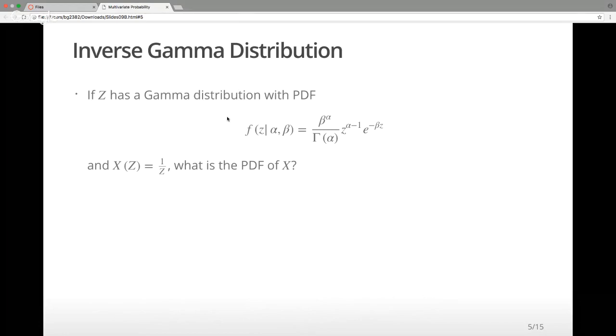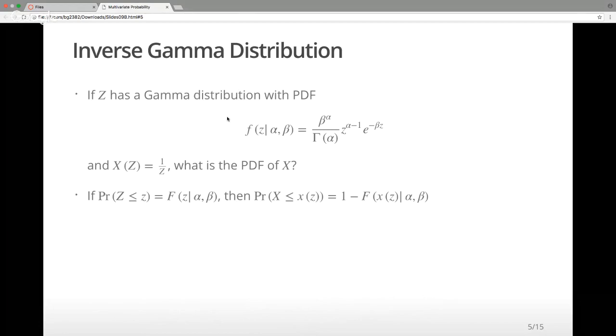Well, we've only got one thing so far. What are we going to multiply the derivative of z with respect to x by? We multiply it by the PDF of z written as a function of x.